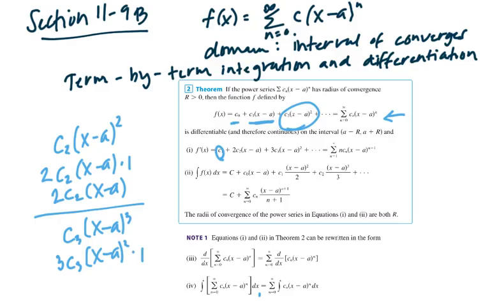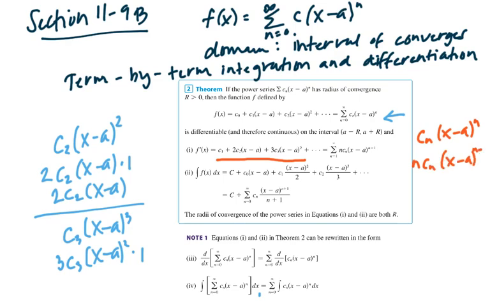As you look at these, that's what the derivative is across here. So we could say that the derivative of c sub n x minus a to the n would be n times c n times x minus a to the n minus 1 times 1.